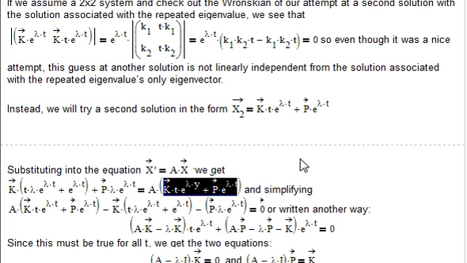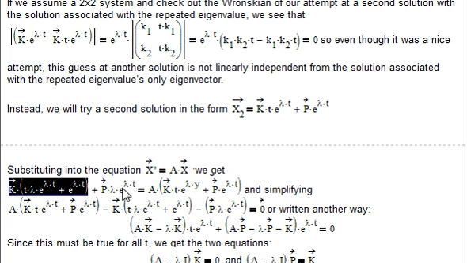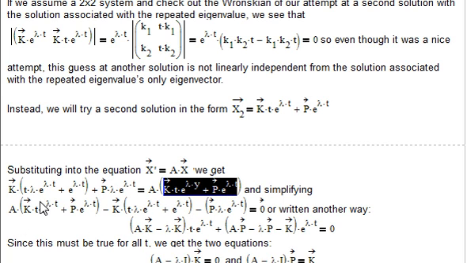And then I took the time and trouble to subtract this one and this one from both sides. So we have A times the solution vector minus this equals the 0 vector, or written another way, carefully: take all the terms with the t times e to the lambda t in it, and that would be this one and this one, and factor out the t times e to the lambda t.